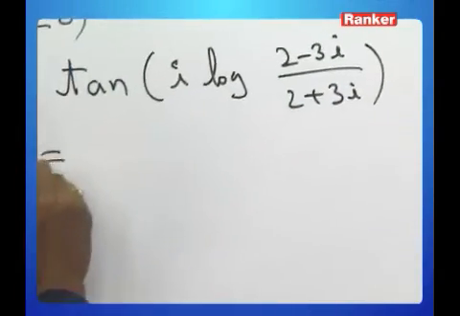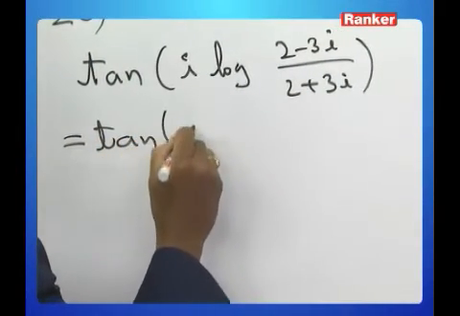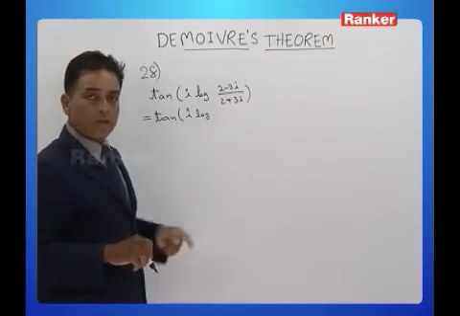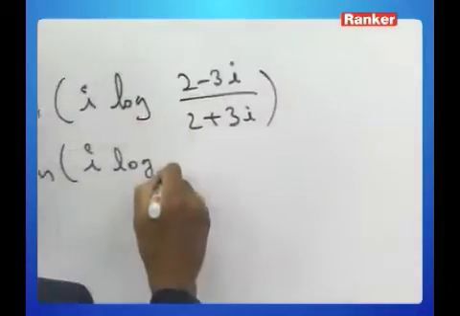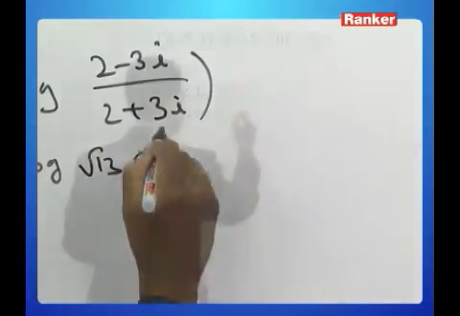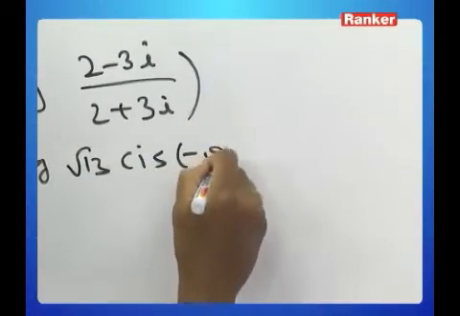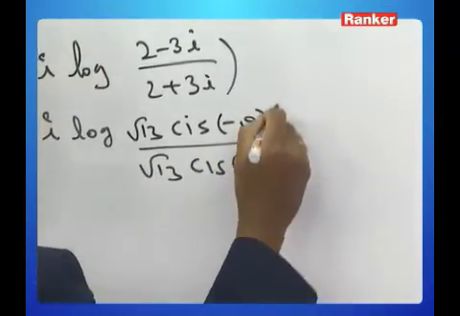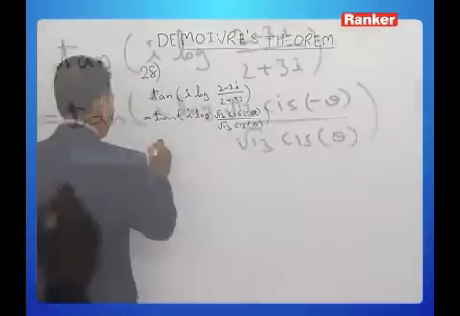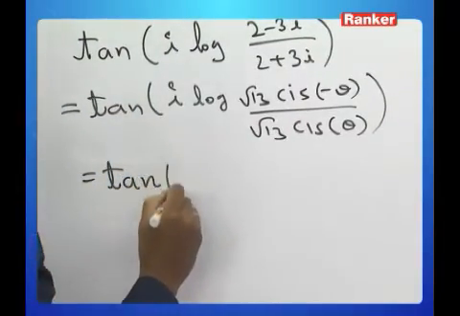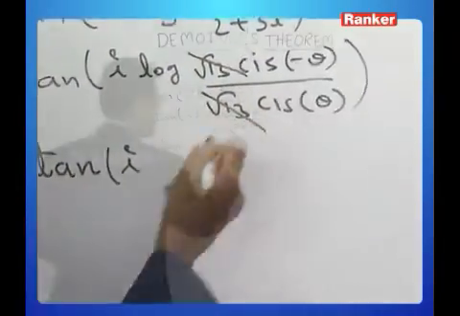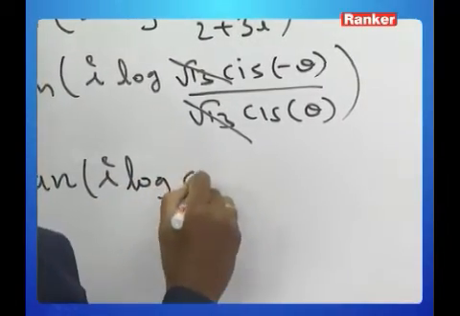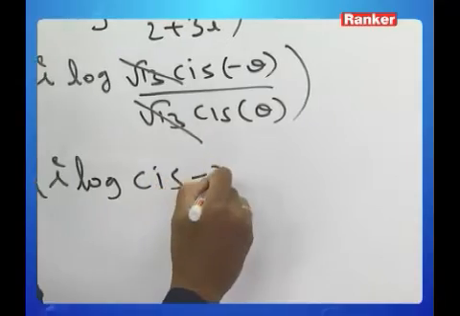Now let us write this in modulus amplitude form, r cis theta: 2 square plus 3 square, 13, cis of minus theta, divided by root 13 cis theta. Further simplification: root 13 cancels, cis a by cis b is cis of a minus b, so cis of minus theta minus theta.